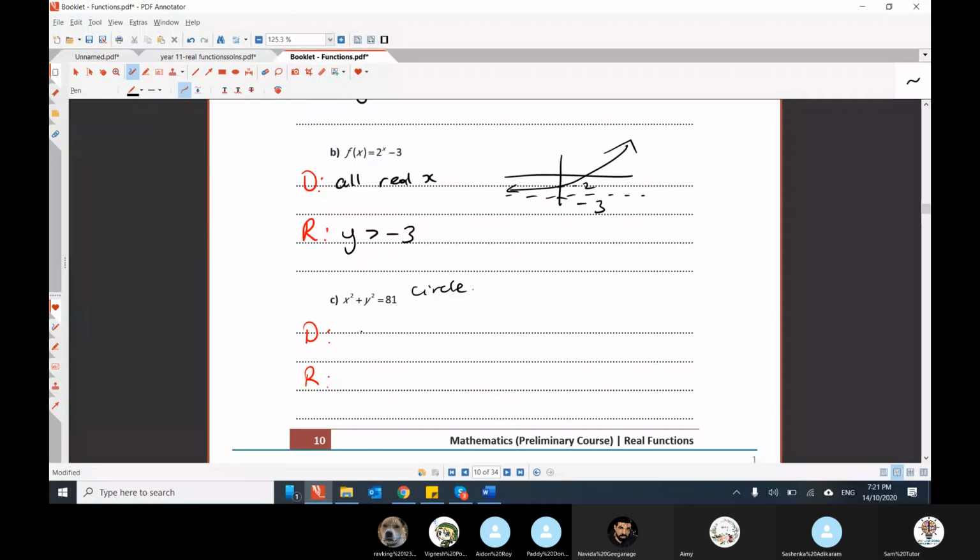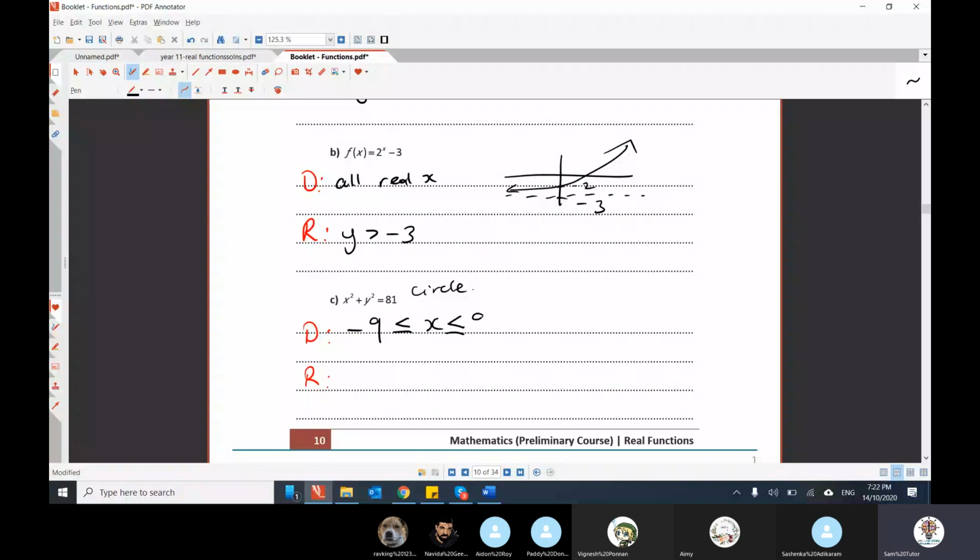D would be bigger than or equal to -9 and smaller than or equal to 9. Smaller than, oh yeah, smaller than, bigger than. There you go.